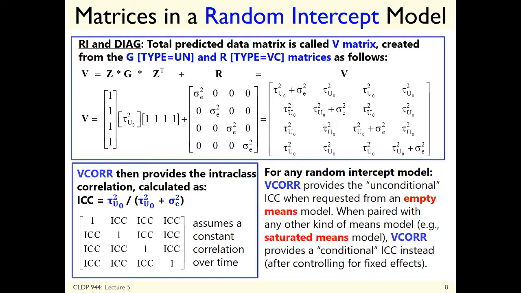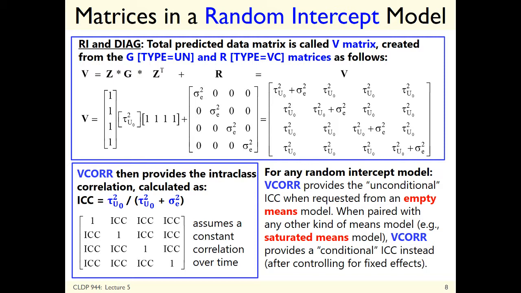So what value of ICC means game over for your longitudinal analysis? 1. Yes. That would mean all of your variation is between persons, is cross-sectional, is mean differences, would have been there if you asked them once. That's what 1 means.